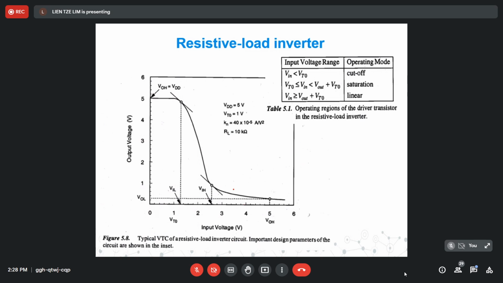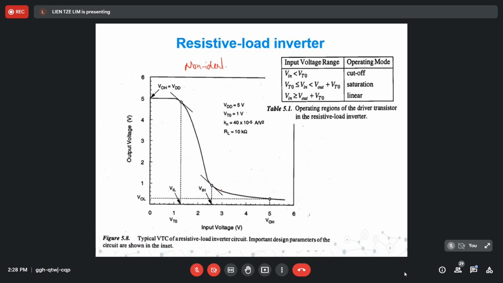So this is the VTC of a resistive load inverter. This is the realistic one, also called non-ideal, because we can see from the slope.